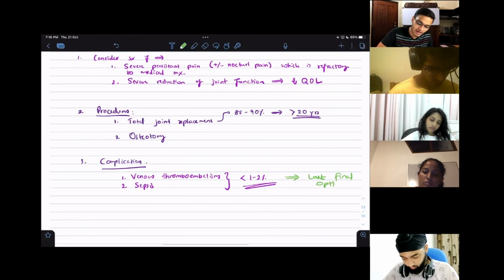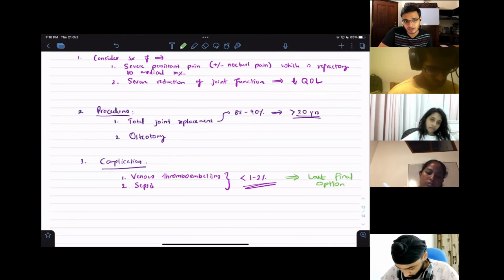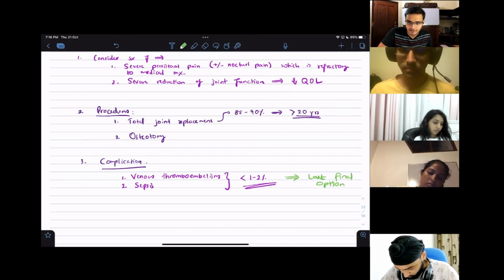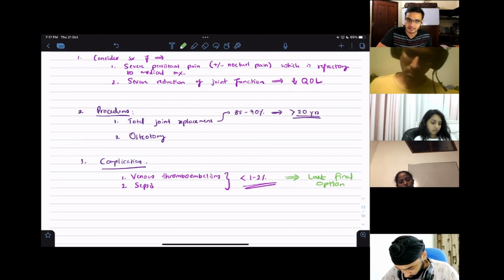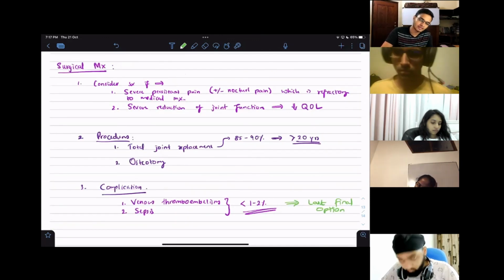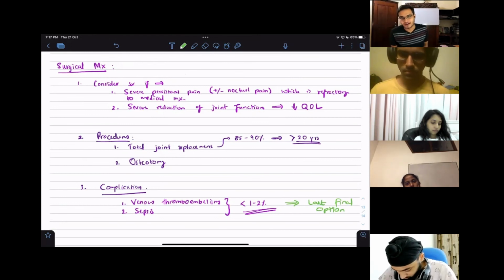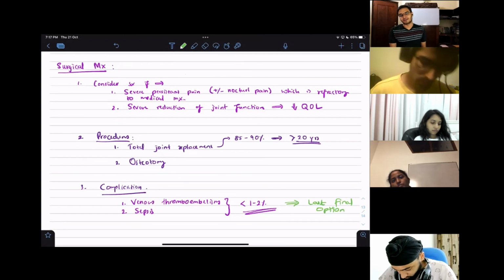Opting for surgery is a very critical decision that has to be made as a last option. Did everyone understand the content?